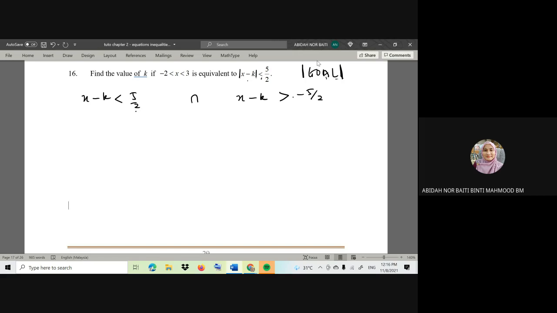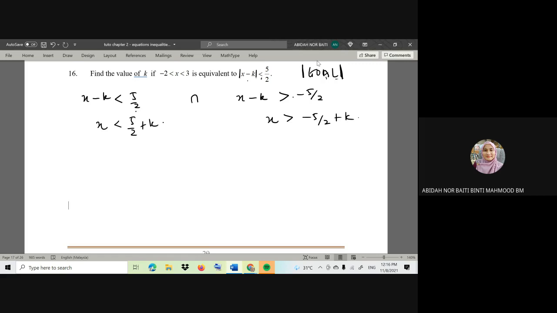Okay, lepas tu this is a linear lah, x power of 1. Linear inequalities. X as a subject lah ya, x less 5 over 2 plus k. So ni pun sama, x as a subject, x greater negative 5 over 2 plus k. Okay, sebenarnya kita sampai sini je kita boleh buat ya.